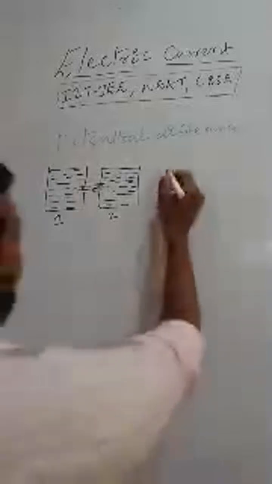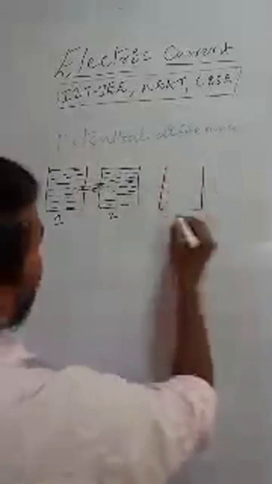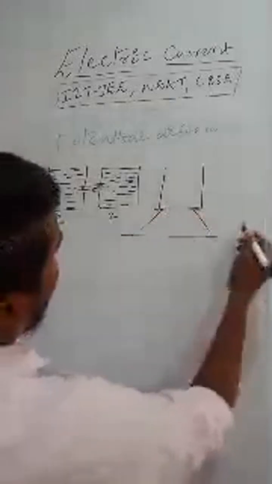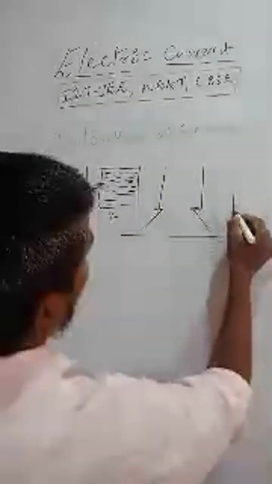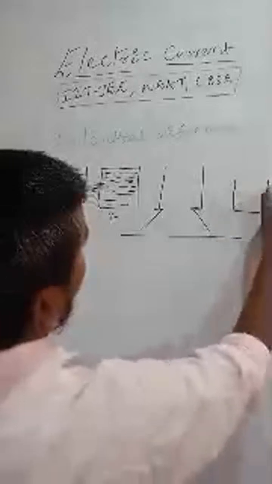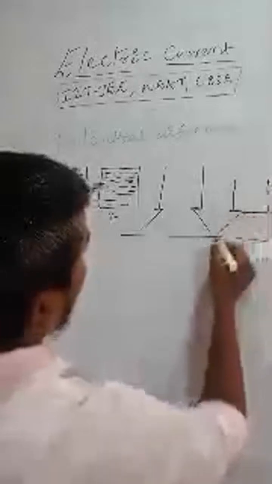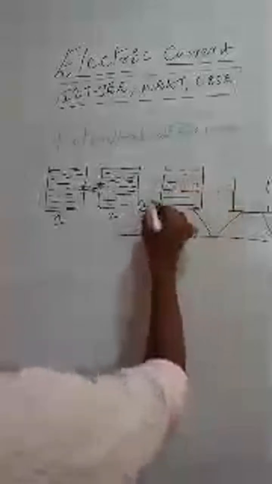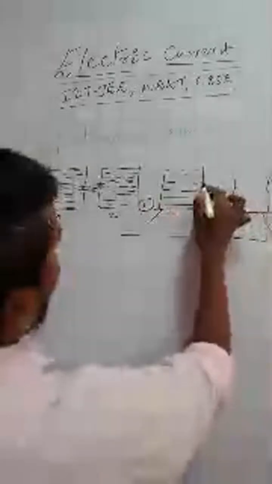But if I create some difference, I take a stand and place one beaker at a certain height, with water filled until the top. This is beaker 1 and this is beaker 2. Now I'm connecting them like this.